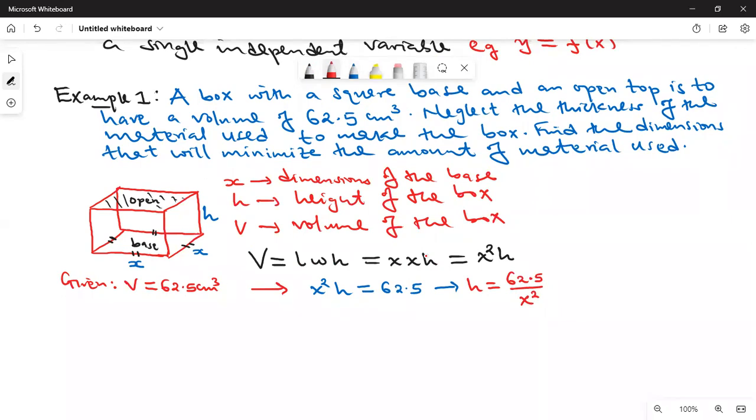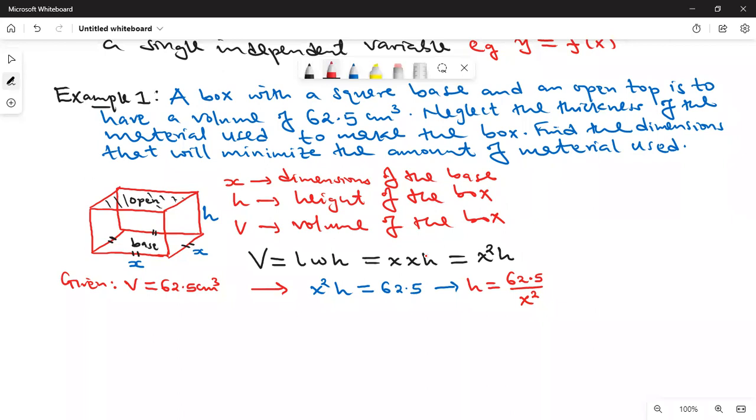We are asked to neglect the thickness of the material used to make the box, and we are asked again to find the dimensions that will minimize the amount of material used. You see, when you talk of the amount of material used, then we have to take note of the surface area of that open box. You see, every face you have to buy, if it is a box, whether it is metallic, every face is made of metal, which you have to buy.